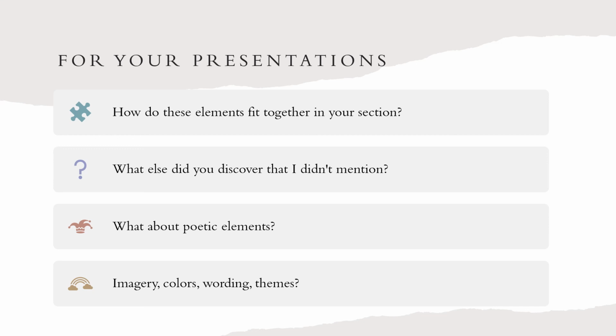If you encounter any lines you think are particularly good or noteworthy, you can include those. Colors are important, right? Green, very striking. Green, and then the description of Arthur's clothes and armor and shield, all of those have color. So think about wording and themes and things like that.